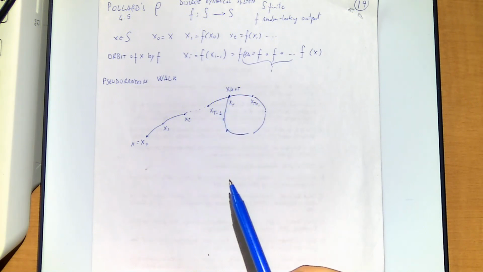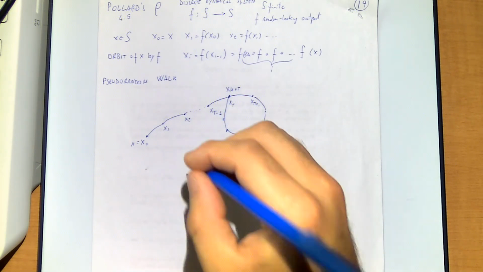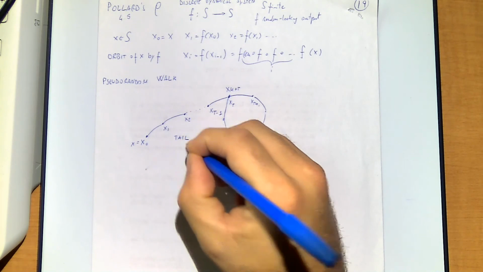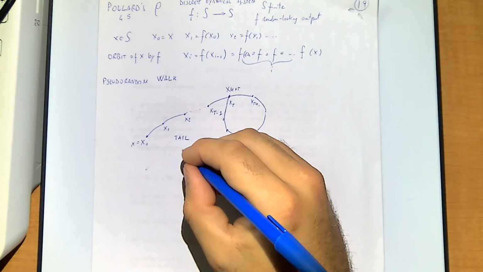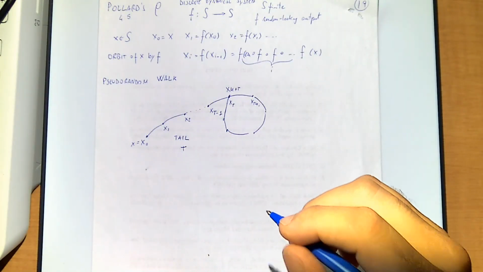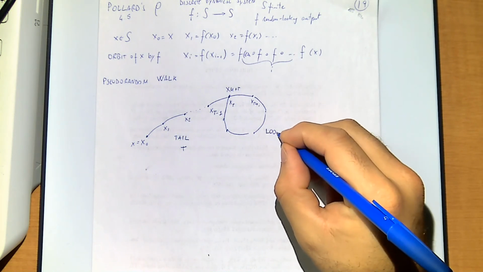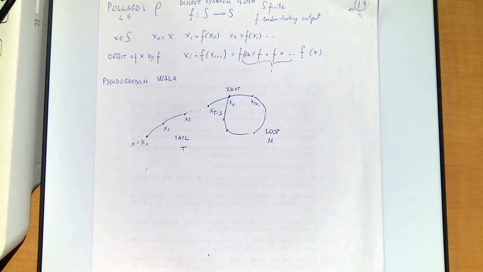And so I can distinctly talk about a tail, which is of length t, say, and then a loop, which is of length m, if you want. Okay? It's not standard notation, but there's definitely a tail and a loop, and it makes sense to call t for the tail.